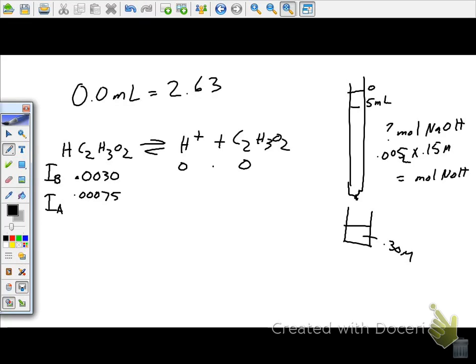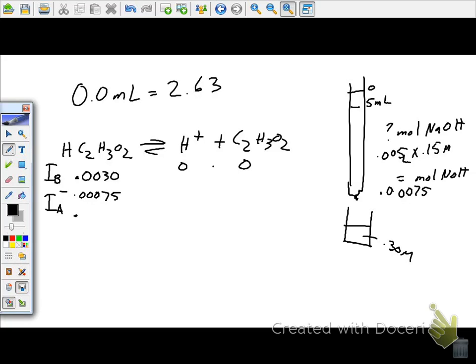Okay? Now, this is what's going to happen. The OH minus ions are going to come in and take away these H's. How many? Well, the same amount of moles that you have here is going to be taken away. So 0.00075 moles is taken away from this. So after we put it in, these go away.